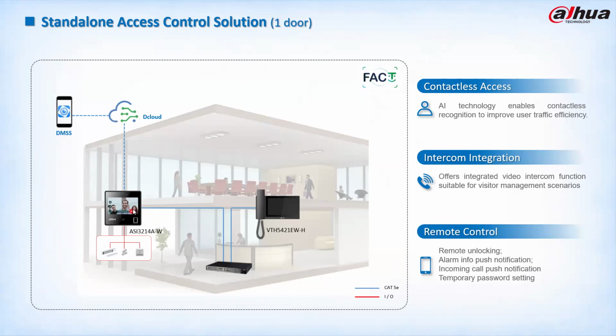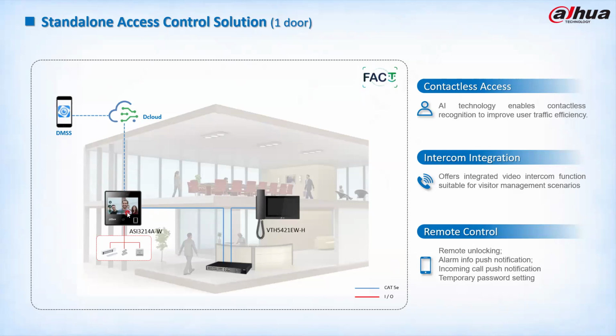All these notifications from the access control here can be accessed online through the DMSS application. So we have other functions such as remote unlocking, alarm push notifications, incoming call push notifications, and you can set temporary password settings for the users who have been added to this device.